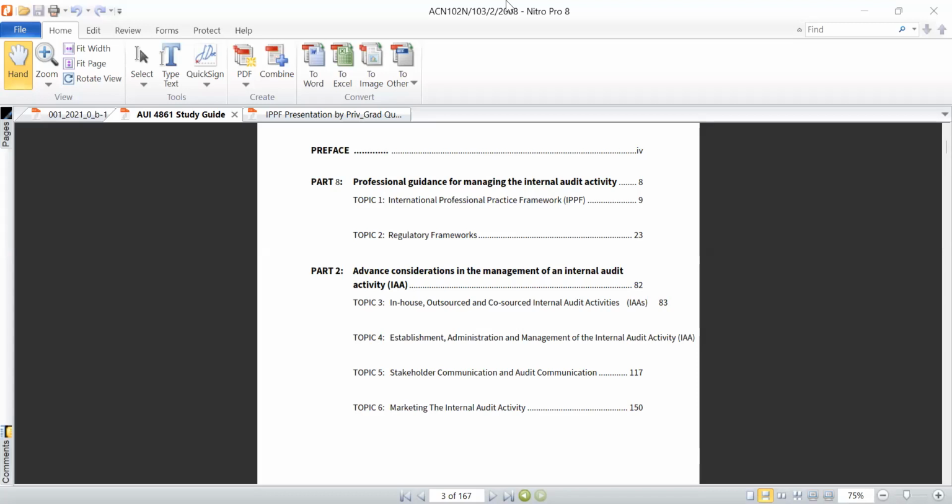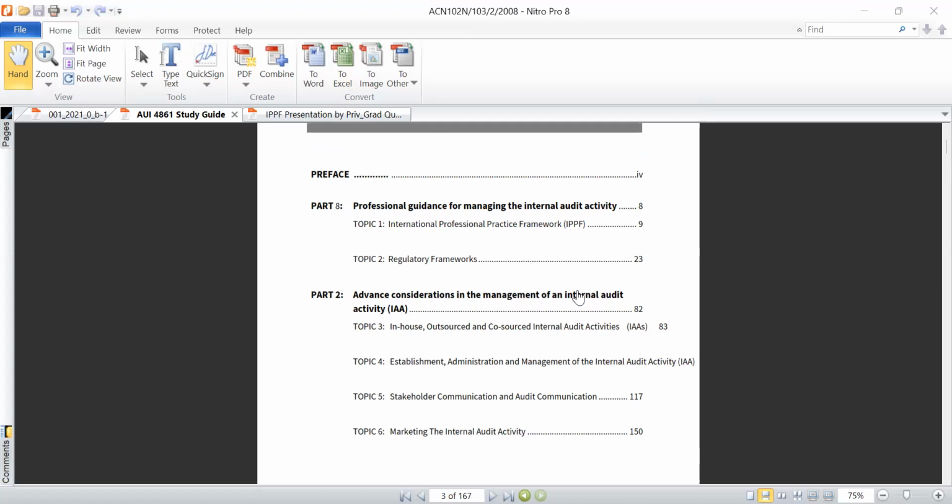Similar to your AUI 4862, you would observe that most of the questions that you would come across, especially in your assignment questions or even in the exam, are centralized on corporate governance. In light of that, I just wanted to reflect back what you need to know in terms of the topics.